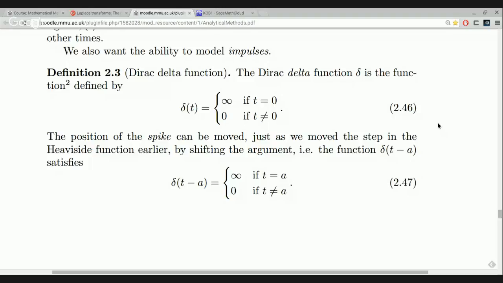So what's the consequence of that for this? Well, we can split this integral up as the integral from 0 to a plus the rest of the integral from a onwards.